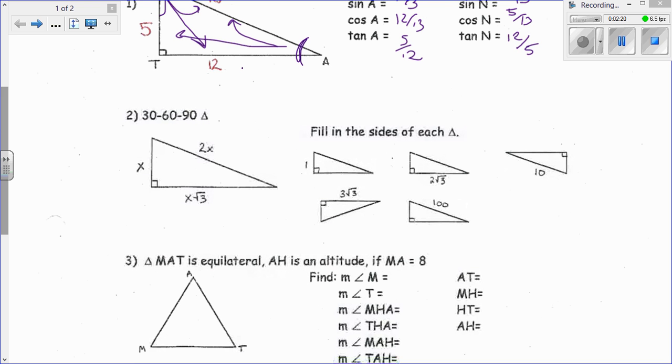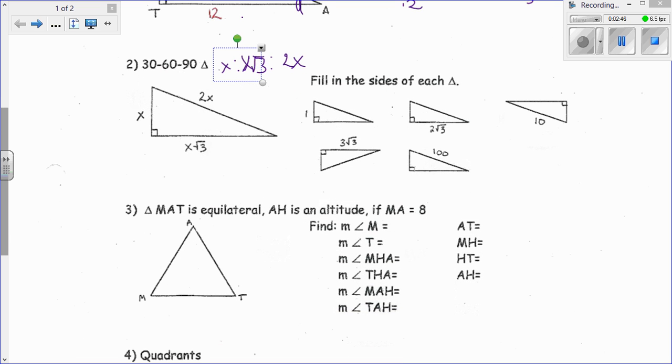We have what we call a 30, 60, 90 right triangle. The sides are in the ratio of x to x radical 3 to 2x. So it's 1 to radical 3 to 2.